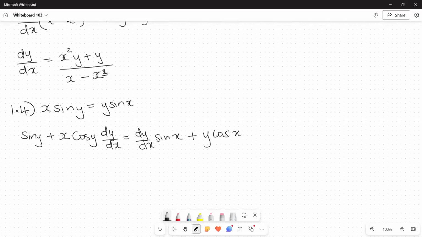And then we collect our terms as we usually do. This one, let's go over to this side. This one can come over to this side. So we have x cos y dy/dx. This one, we say it comes over, so it becomes negative dy/dx sine x.